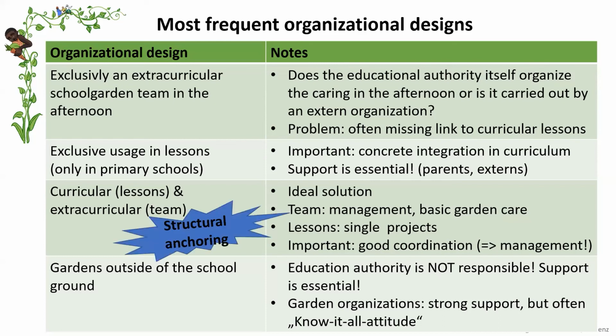So the ideal organization design is, of course, if you have maintenance of the school garden by an extracurricular team, and then the usage of the school garden for curricular lessons by the teachers. And that must be well structurally anchored in the school organization.